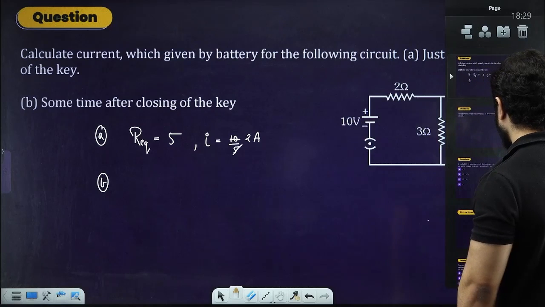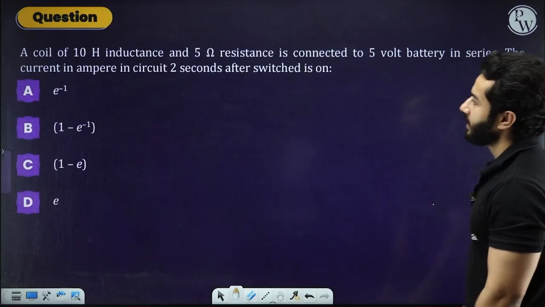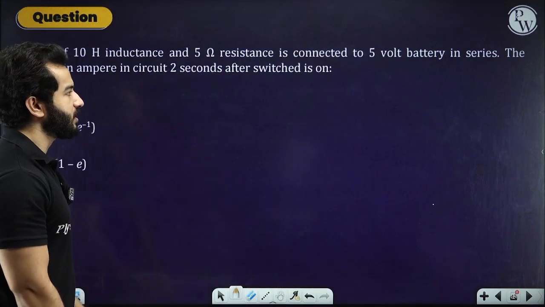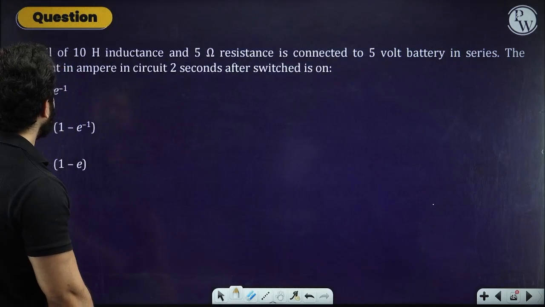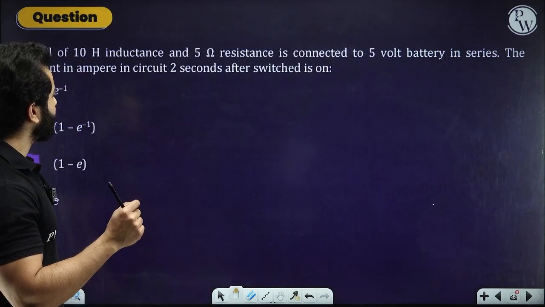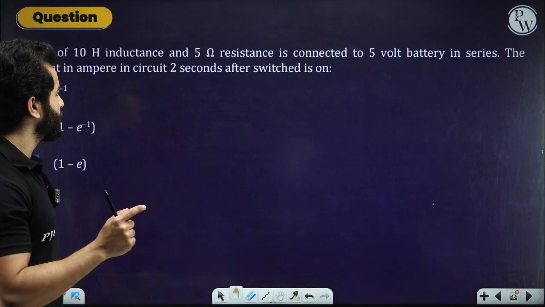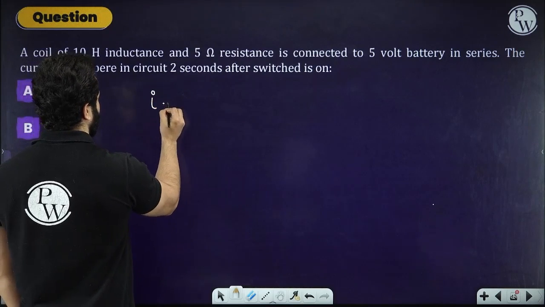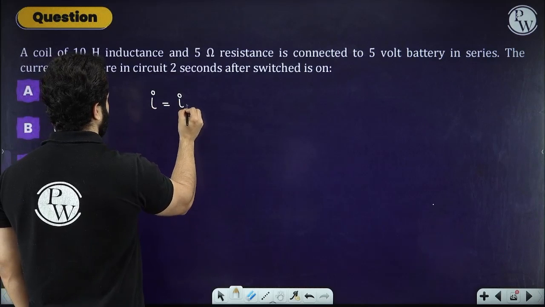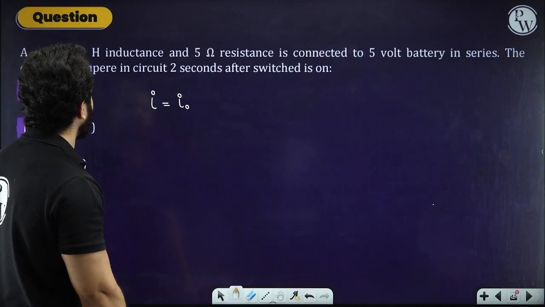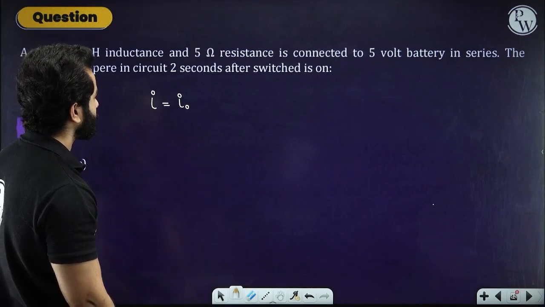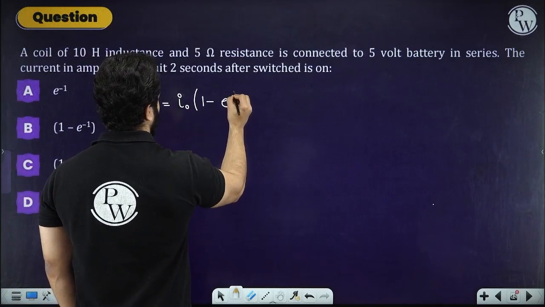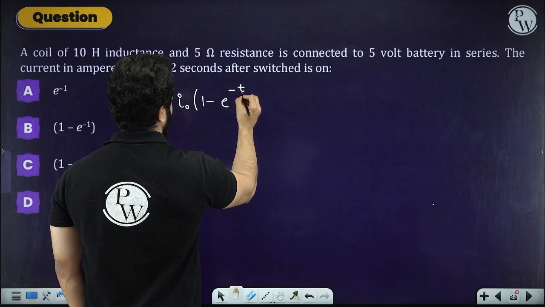Let's move on. Next question: a coil of 10 Henry inductance and 5 ohm resistance is connected to a 5 volt battery in series. The current in ampere in the circuit 2 seconds after the switch is on. We know that current is I equals I naught times (1 minus e to the power of minus t upon L by R).